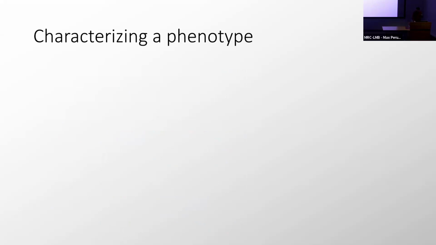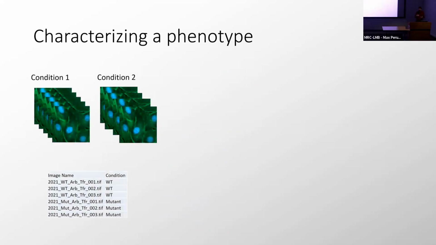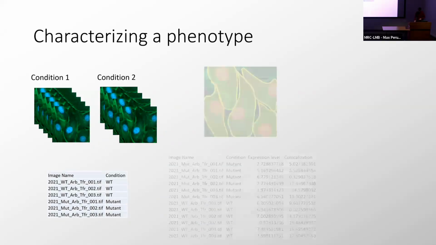So the goal in the end, in most of what I see every day, is to try to characterize a phenotype. So we would have, for example, two conditions. Each condition has a corresponding set of images. We can make a list.